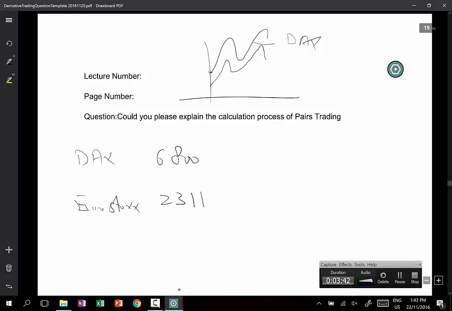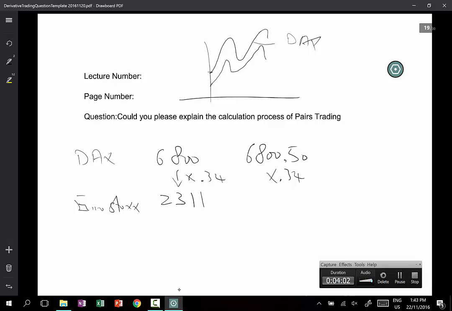Okay, now let's say my theory is that when the DAX is trading like this, the Euro Stoxx should be trading at whatever the DAX number is multiplied by 0.34. So the moment they deviate from each other, I think there is an opportunity for me to trade.